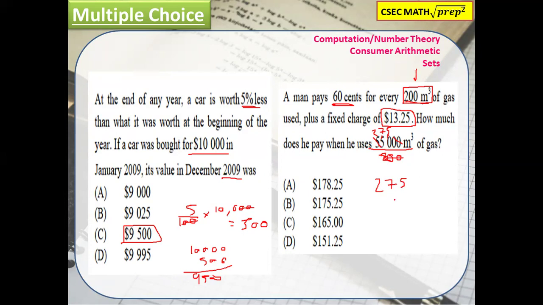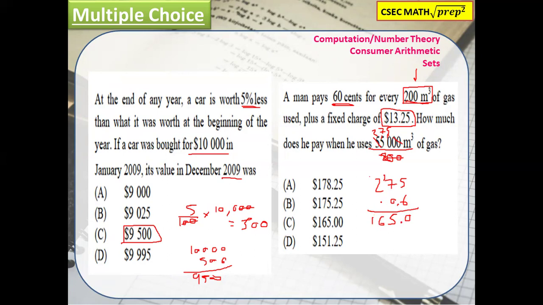What we need to do is multiply this by 0.6. Because that's almost his charge for each 200. So 6, 5 is 30. 0 carries 3, 6, 7, 42, 45. 4 and 6, 2 is 12. 165 to 1 decimal place.